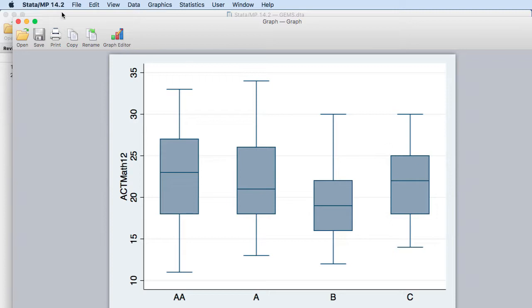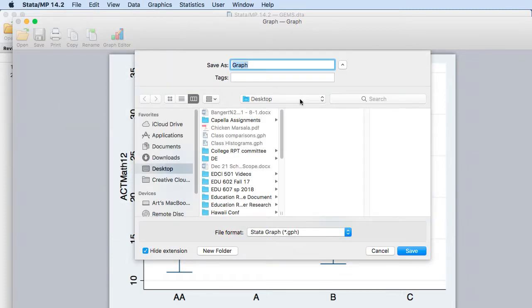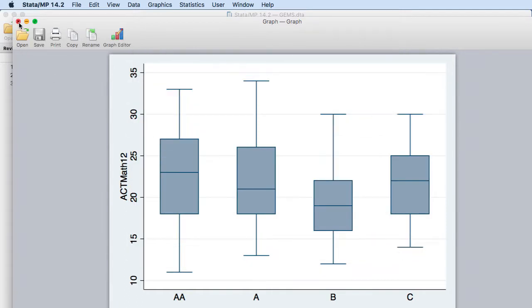And so I can save this as class box plots. So I can save this to my desktop or to any kind of a folder I have.